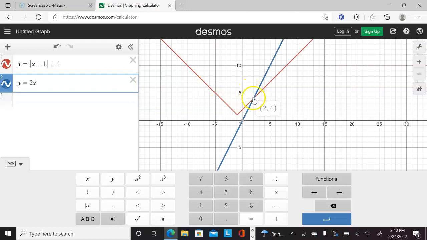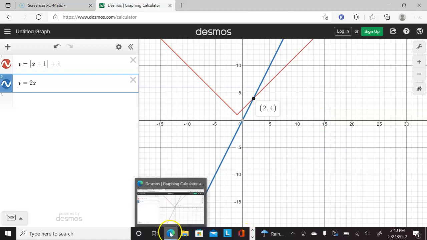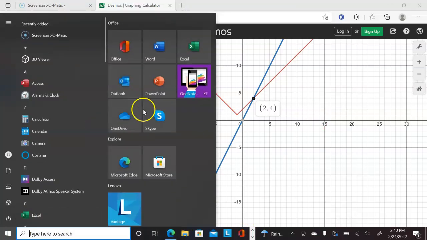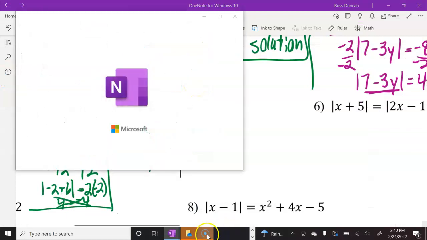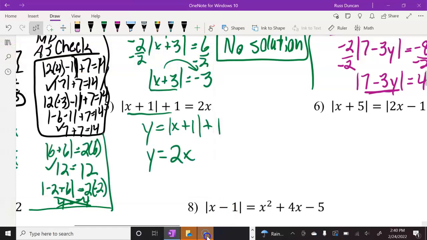There you go. So 2 is my solution. Oh, I keep opening that. Sorry, y'all. So over here, I would just put x equal 2.